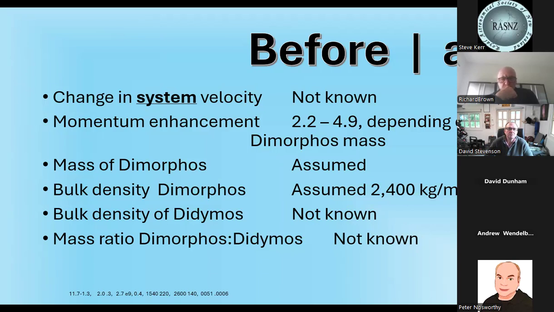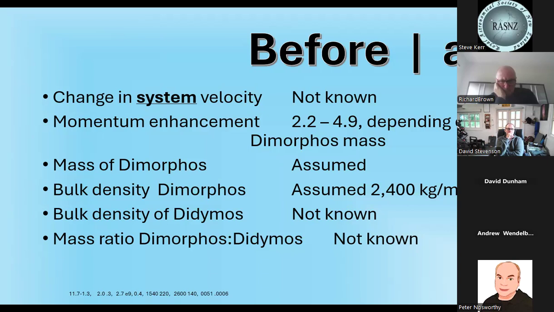The density of Dimorphos, they assumed 2,400 kilograms per cubic meter. The result from the occultation observations was 1,540 plus or minus 220 kilograms per cubic meter, rather less than what they had assumed.